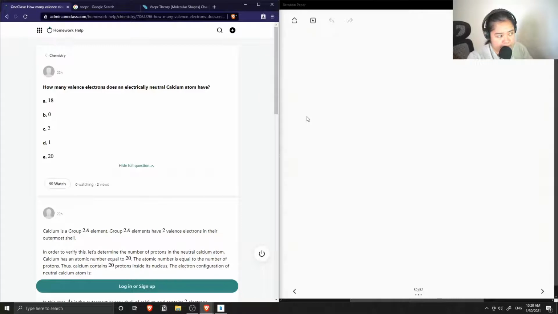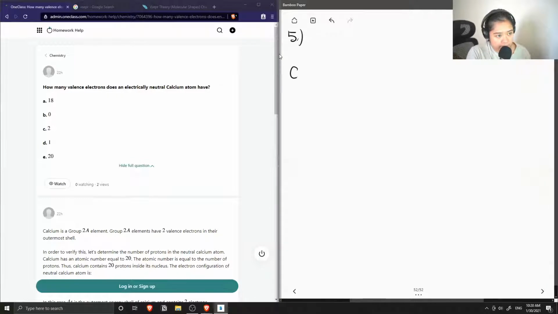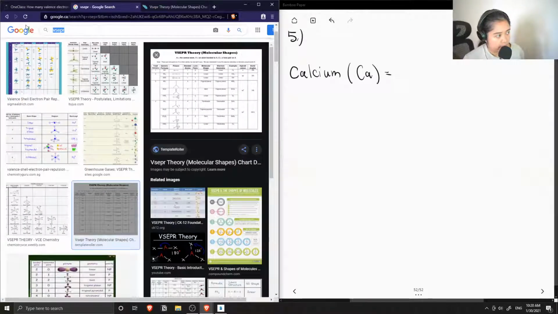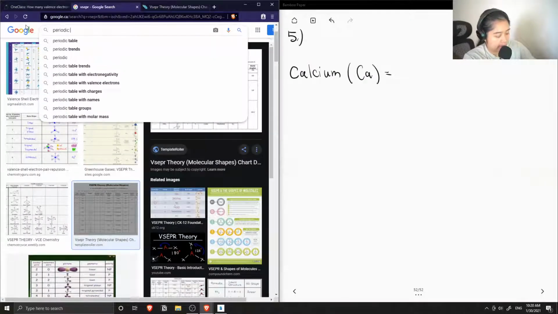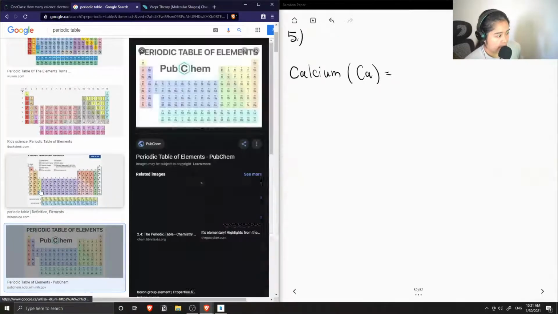Okay, so question number 5. How many valence electrons does an electrically neutral calcium atom have? When finding out the valence electrons, it first helps to look at a periodic table to see what group it's in.